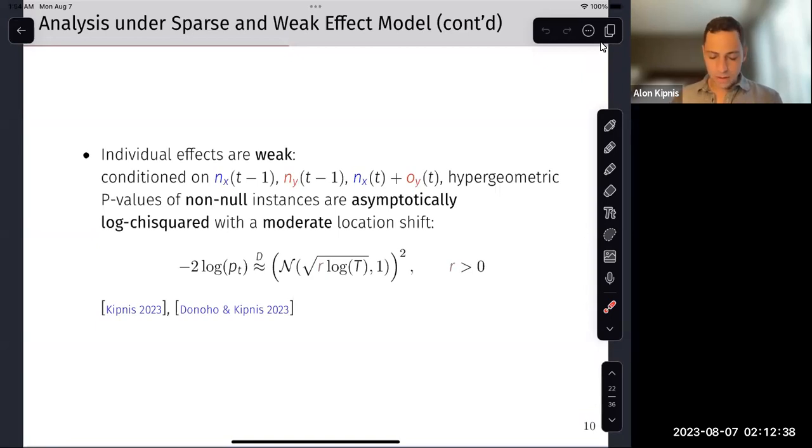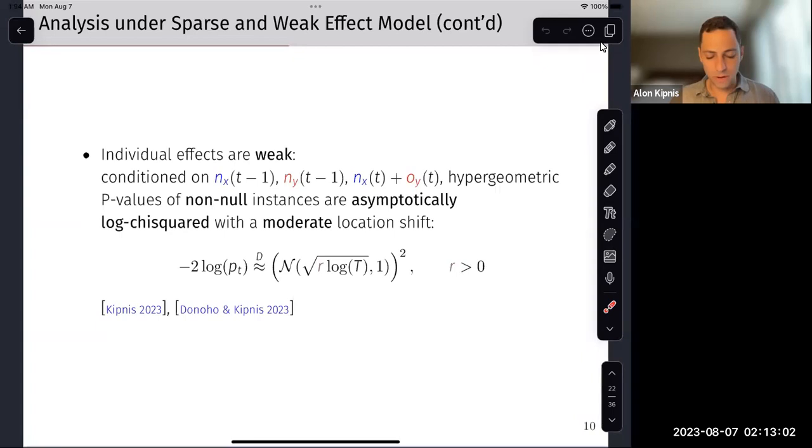Now this particular approximation is made precise exactly within this paper, but it gives us a blueprint on how to calibrate a model. This model is quite complicated, especially compared to other models in the literature, because there is dependency among the time instances.